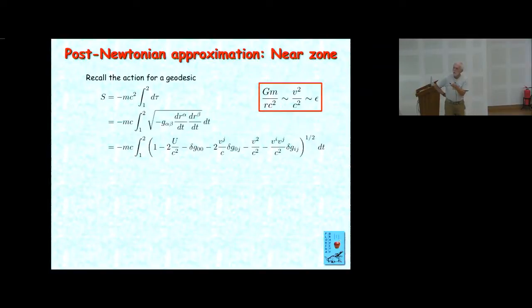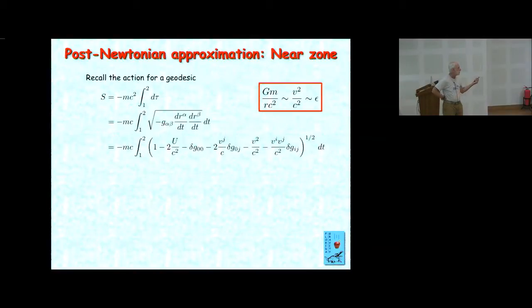And then there's the term when we have 1, 0, and 1j. That occurs twice, so there's a factor of 2. That's 1, that's Vj, and we get G0j. And then there's the terms when both of these are spatial. So we have of course, at lowest order, Gij is what?